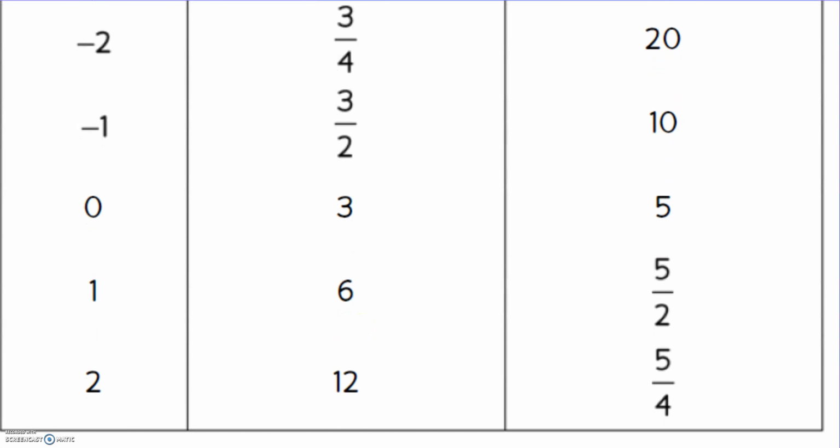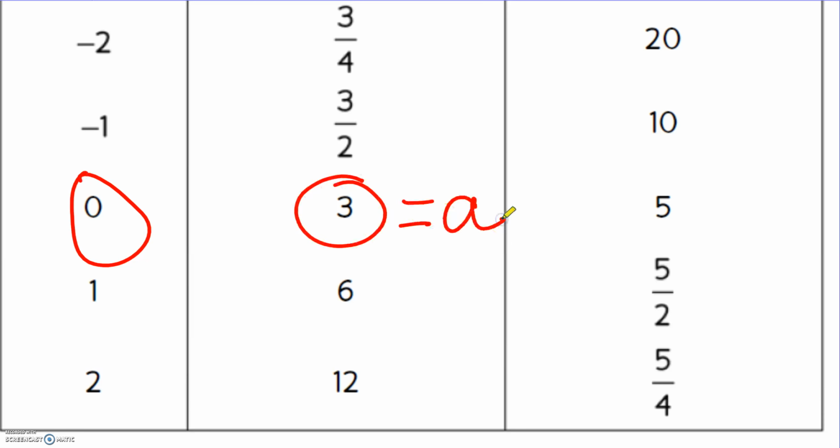The first thing we need to figure out is what is a, the initial value. And that's really easy to find because all you do is look at the value when x is 0. Right here, we see that when x is 0, the f of x value is 3. So that makes 3 the initial value, or our a.